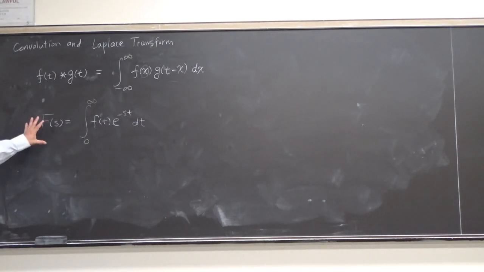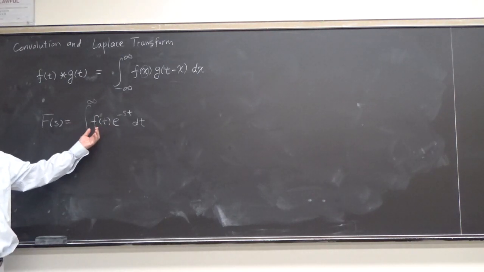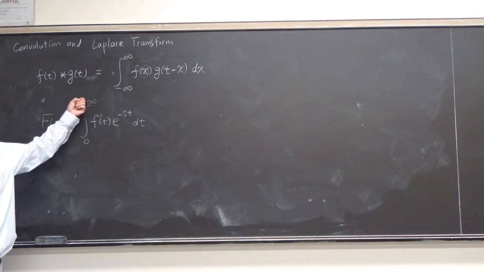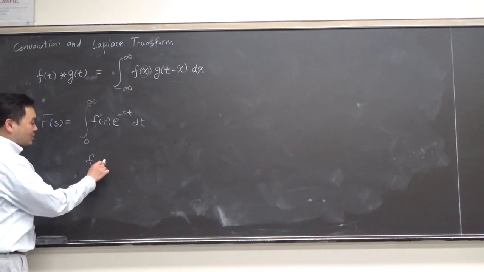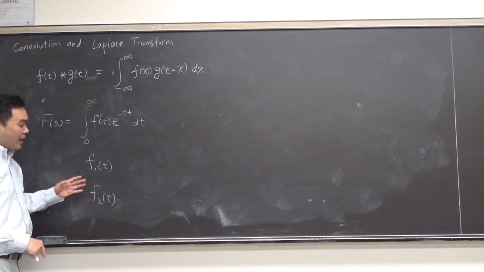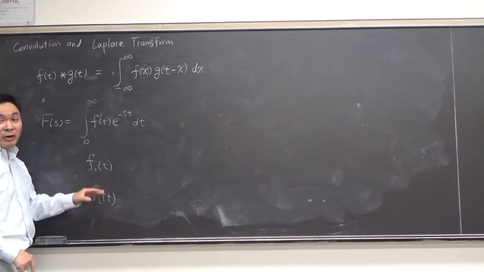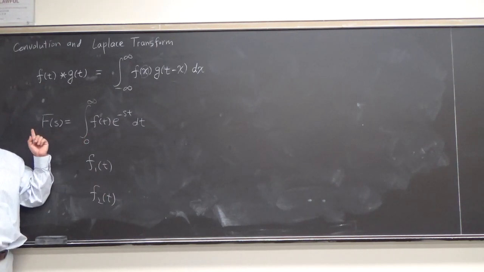If you look at this definition, you see that you're not using all the information about f of t. You're only using the values of f of t from 0 to infinity, right? So if you had two different functions f1 of t and f2 of t that had different values on the negative side, but their values agree on the positive side, they will have the same Laplace transform.